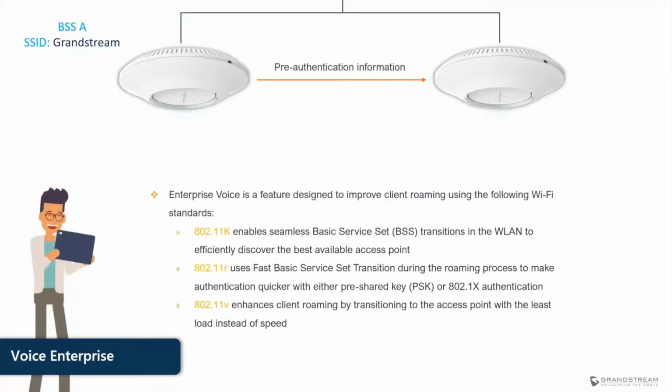You can also choose to enable only one standard, for example 802.11r, which makes the authentication process faster. So basically, this is used for the roaming experience of the wireless clients.